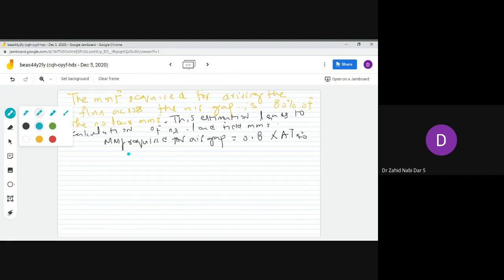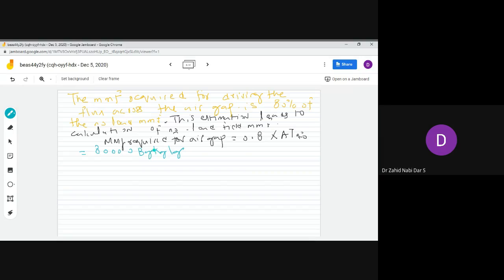This can also be written in terms of 80,000, Bg, the flux density of the air gap, this factor Kg, and this is the length of the air gap, Lg.